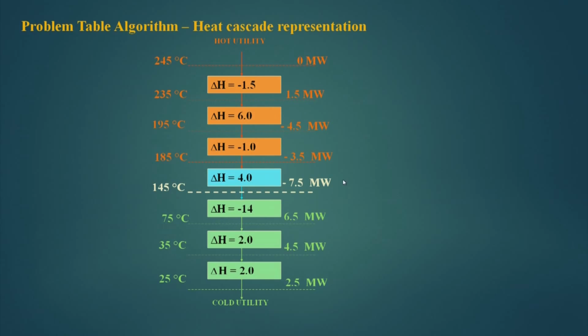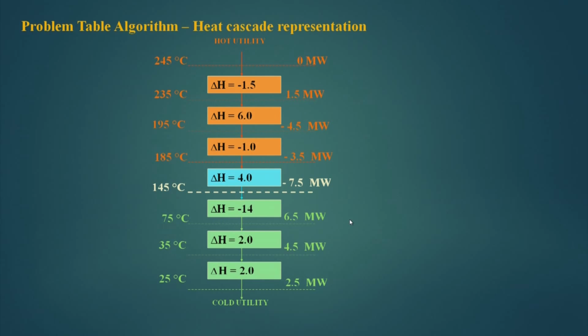Now, we search here for the maximum negative quantity. The maximum negative quantity is minus 7.5 megawatt. So, if I pass 7.5 megawatt of heat from the highest temperature level, then it will be able to give heat to all the temperature levels below, and when it percolates down or cascades down to this point, the heat requirement of this will be 0.